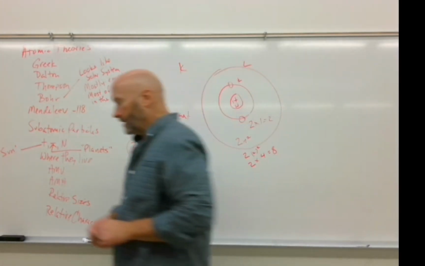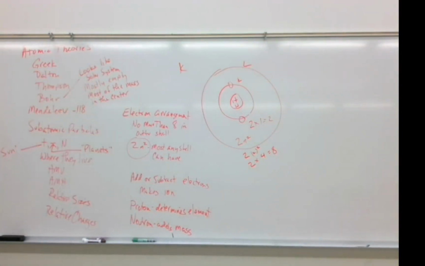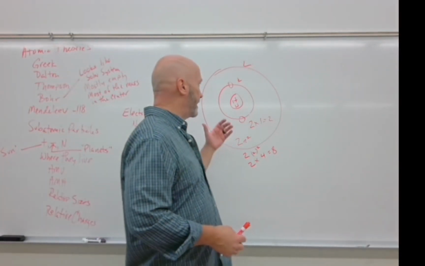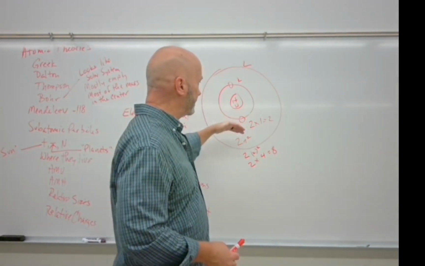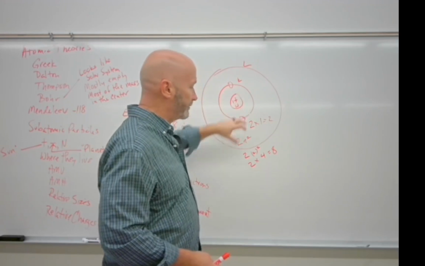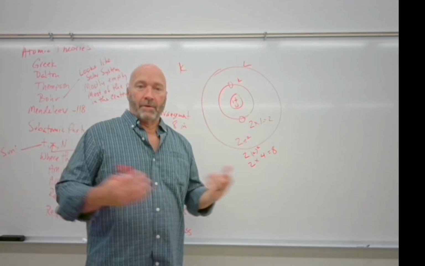I think Eric asked this question in class, and I want to show this. The question was, if our atoms are basically like solar systems, and there's a lot of space between the nucleus and the first shell and between each of the shells, why are we not transparent?